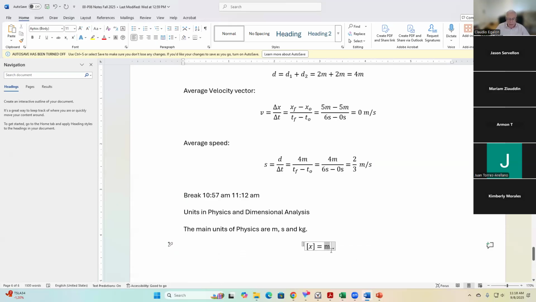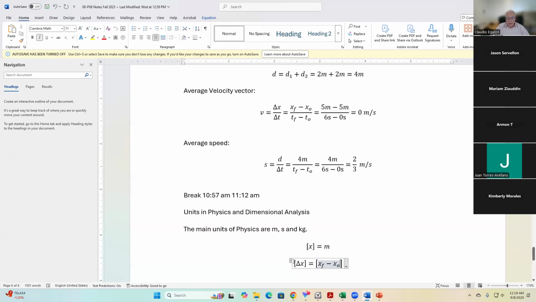Like I said, we usually denote the unit of a given quantity with a square bracket around the quantity. In the case of delta x, remember the definition of delta x: x final minus x initial.